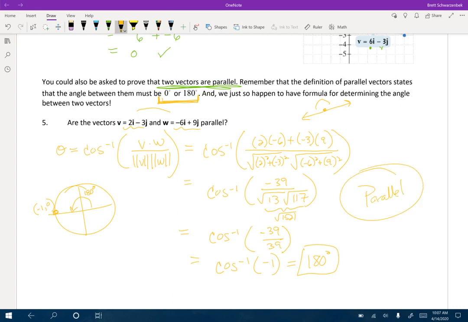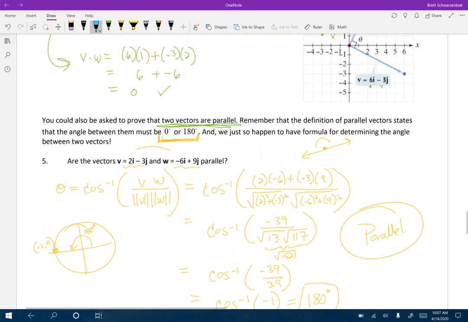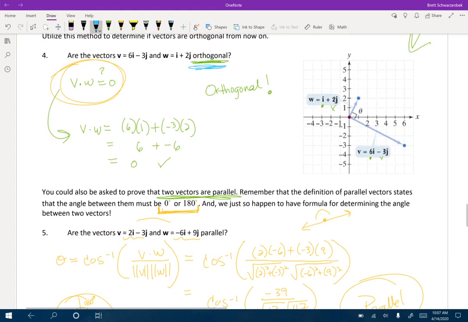Now I just want to do a side note on this. Sometimes, whether you will see that this year in a remote environment or not, you will be given two vectors and it will ask you whether they are orthogonal, parallel, or neither. So it'll be one big problem.